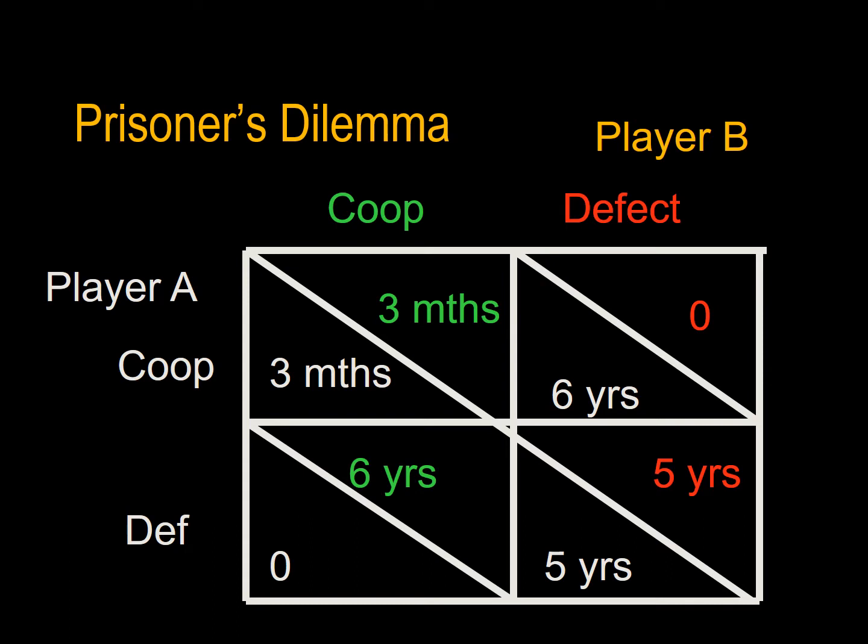If the two individuals, however, finger each other, then there's less of a desire by the prosecutor to make an example, because basically everyone's going to jail, and so both of the individuals get 5 years. So this is the situation that is represented here, and it captures a lot of events in politics, which is why we use it.